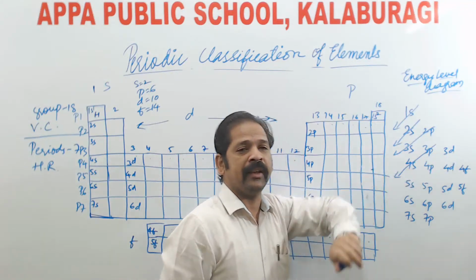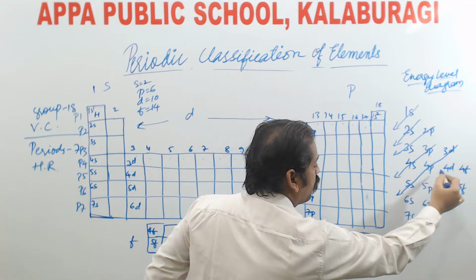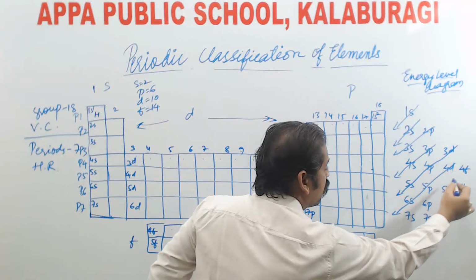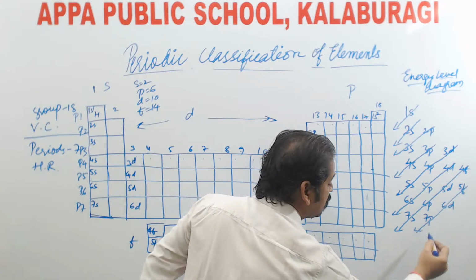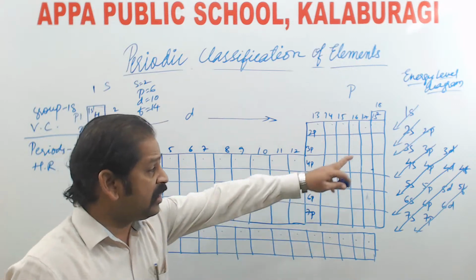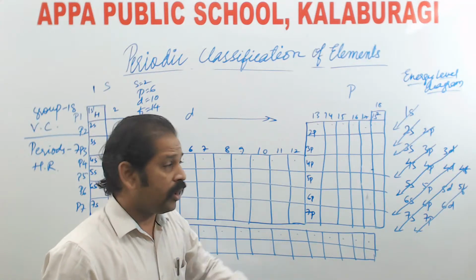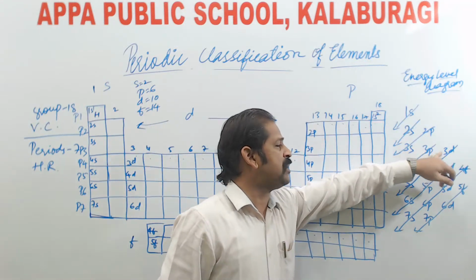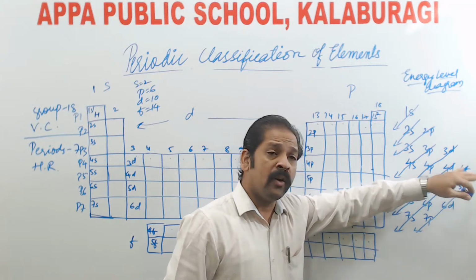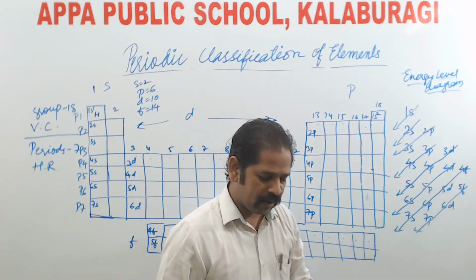Then comes 3d, 4p, 5s, 4d, 5p, 6s, 4f, 5d, 6p, 7s, 5f, 6d, 7p. The arrangement is in this way. Is it right, or is this right: 3s, 3p, 3d, 4s, 4p, 4d, 4f? Which is right? We will verify it.